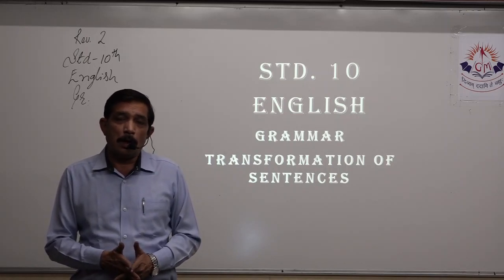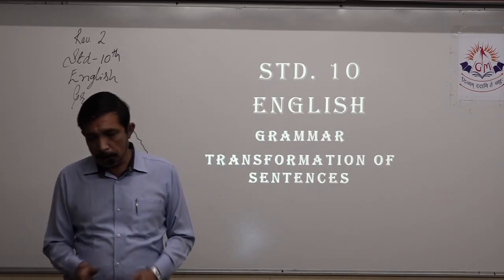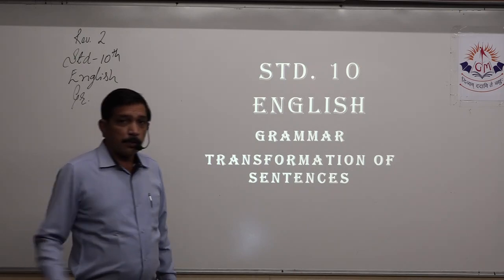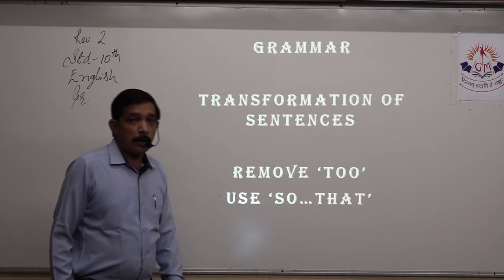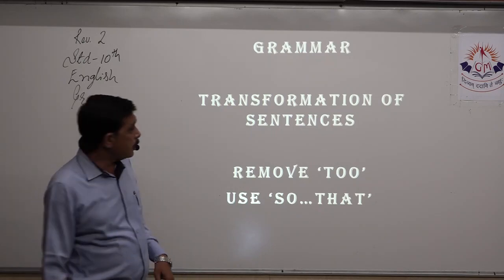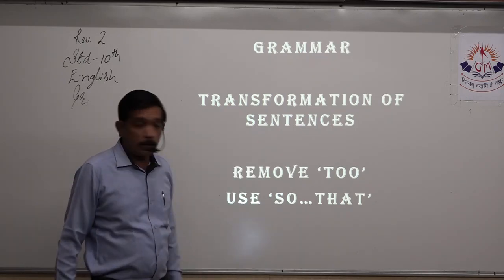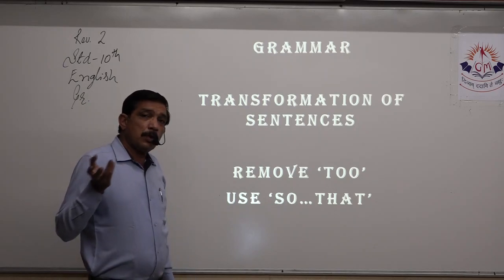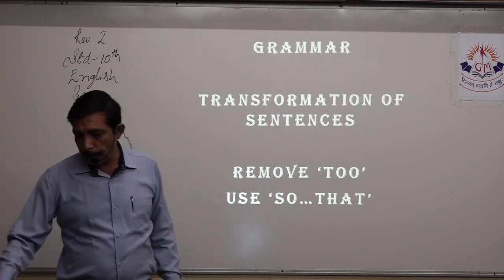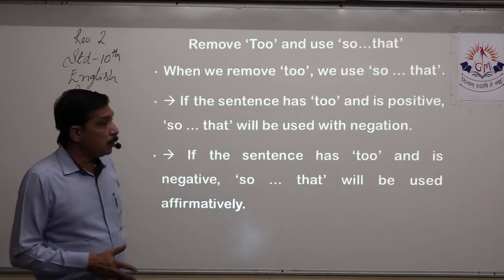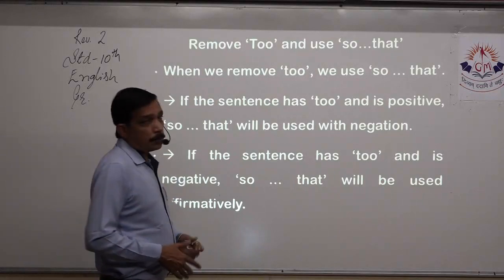Now we are going to learn another topic in this same lecture, continued with transformation of sentences, that is remove to. Instead of to, we have to insert or use so that. Now when we remove to, it's a very simple rule.